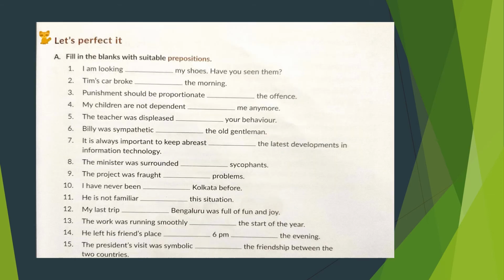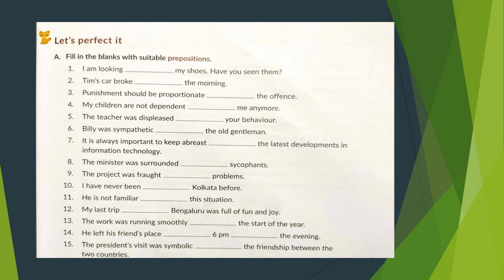Now this brings us to another exercise. We have to fill up with the suitable prepositions. I am looking for my shoes. Have you seen them? Tim's car broke in the morning. Punishment should be proportionate to the offense. My children are not dependent on me anymore.